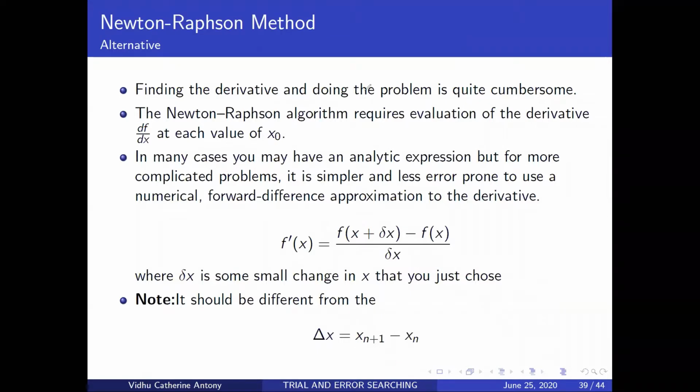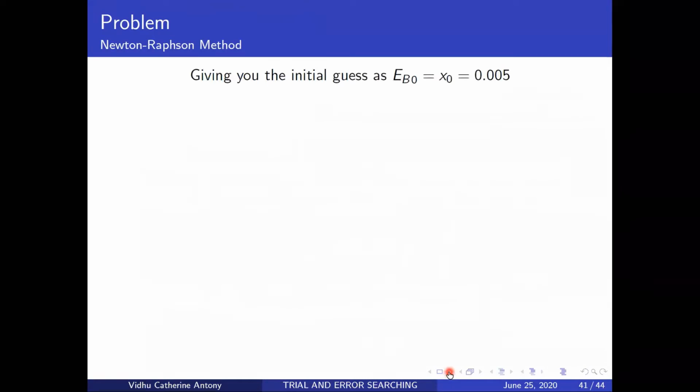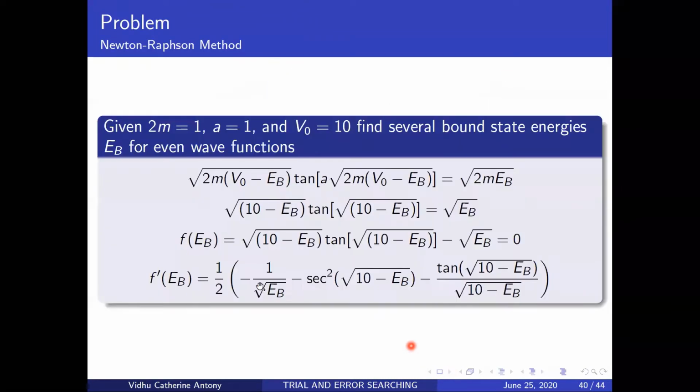Now I will move forward with this problem. I've computed this value of the derivative. I take your x naught, which is basically your guess. I take a random guess, or the guess is usually given to you in the question because it's very hard to find. I substitute it into this f of x and find out the value.